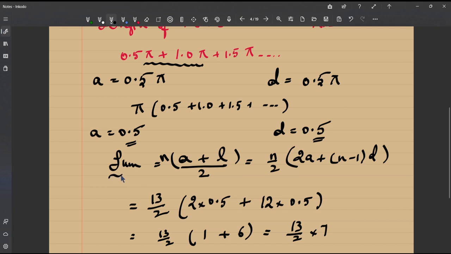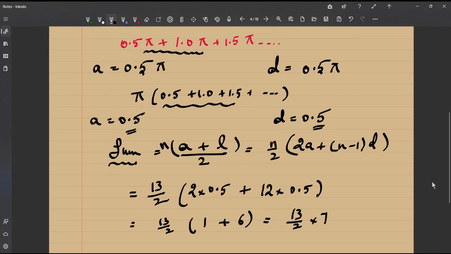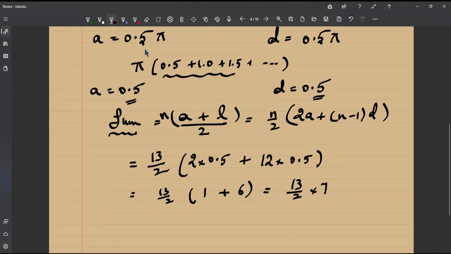But remember, this is only the sum of this arithmetic progression. We have a pi which has been factored out. So the total length of the spiral, which has been made up of 13 semicircles, would be equal to 13 by 2 into 7 pi. Or if you want to find an approximate numerical value, pi can be approximated to 22 by 7.